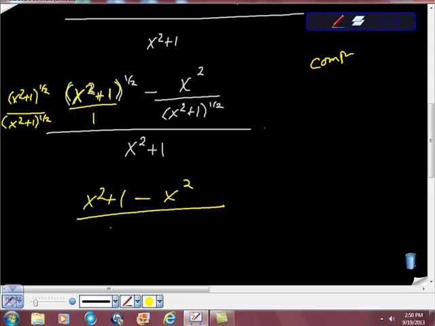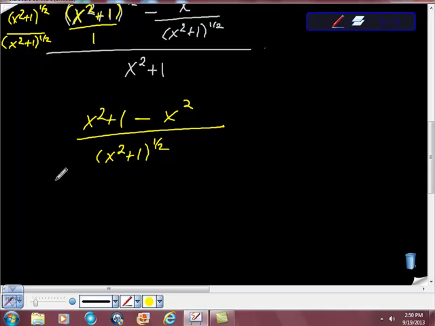All over, and now we have this common denominator, which is x squared plus 1 to the 1/2 power, holy macaroni, all over x squared plus 1. This x squared plus 1, you guys, is this one right here, isn't it? Just cleaning this joint up a little bit.